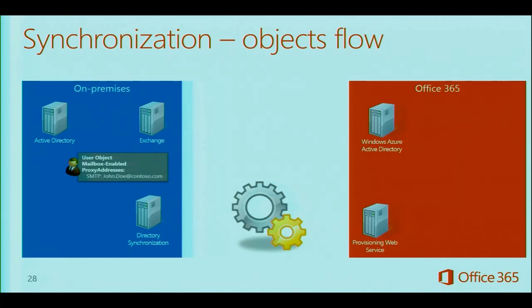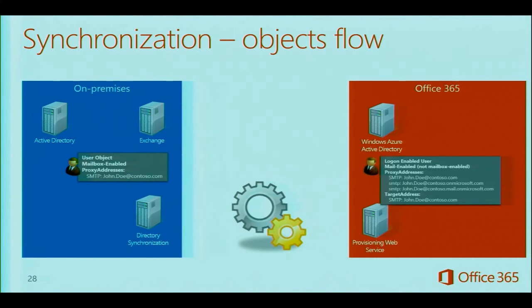And that object will be synchronized to Office 365 as a logon enabled user that is also mail enabled with multiple proxy addresses and a target address that matches their primary on-premises SMTP address. And by the way, in case you're not sure, the primary SMTP address is the one where it says SMTP in uppercase. The other ones that have smtp in lowercase, those would be the proxy addresses.